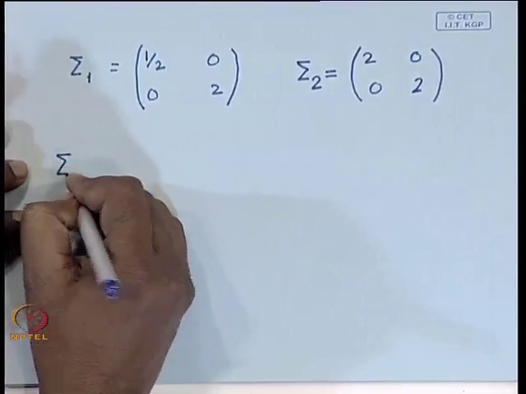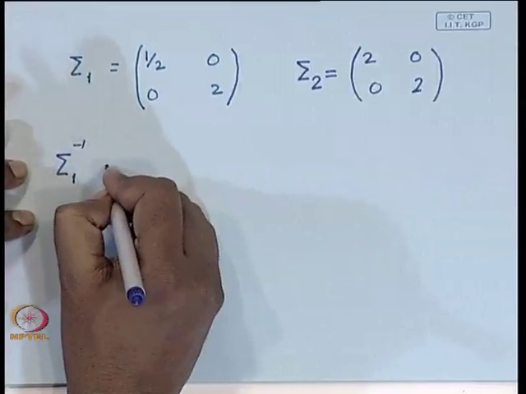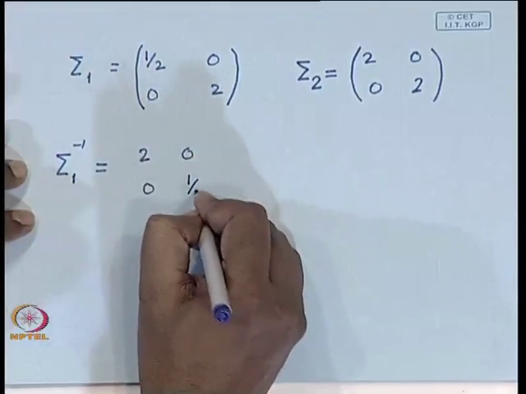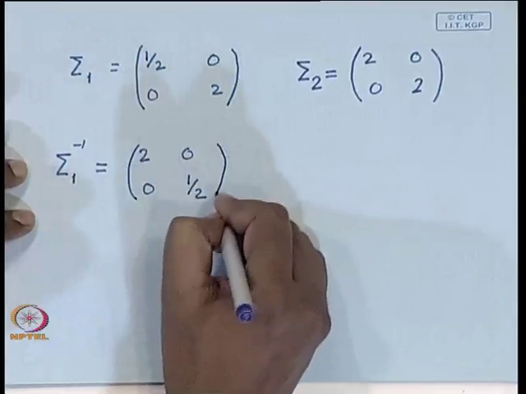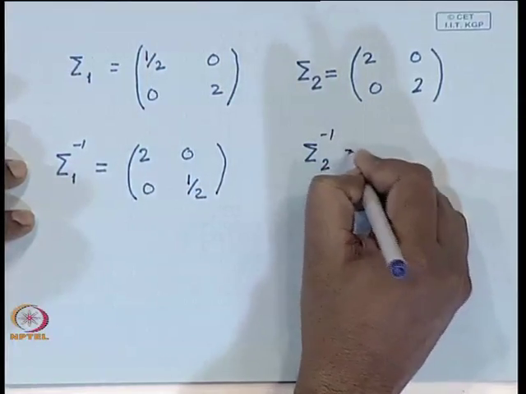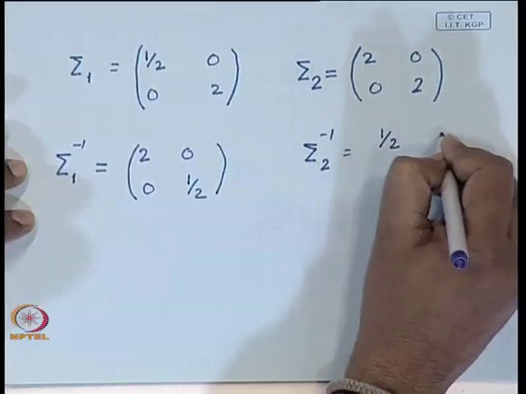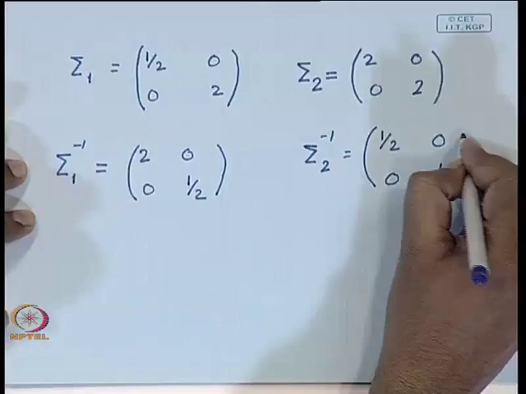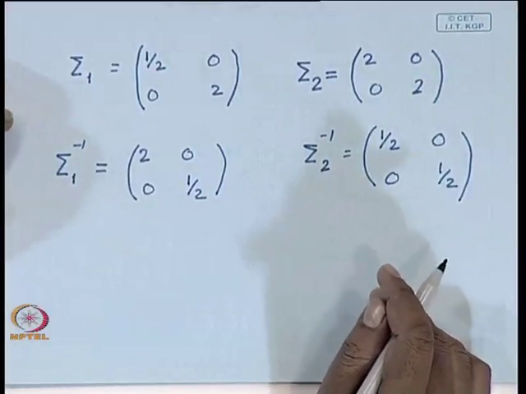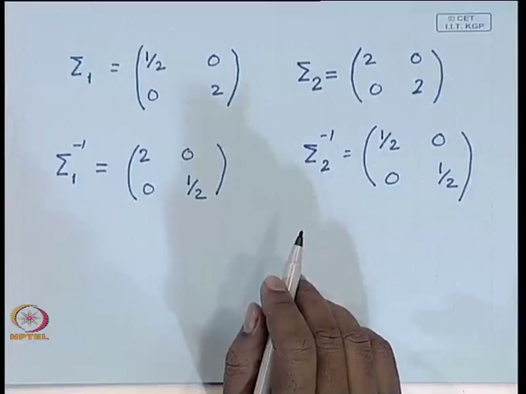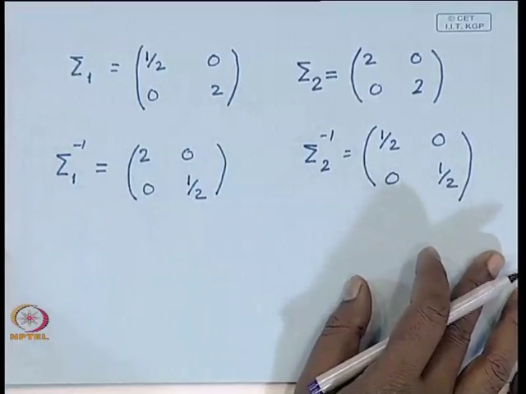From here I can compute sigma 1 inverse, which is nothing but 2 0 0 and half. And sigma 2 inverse is nothing but half 0 0 and half. So, these are the inverses of the covariance matrices.